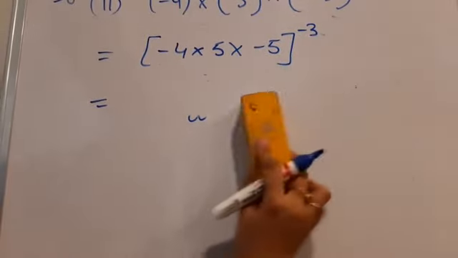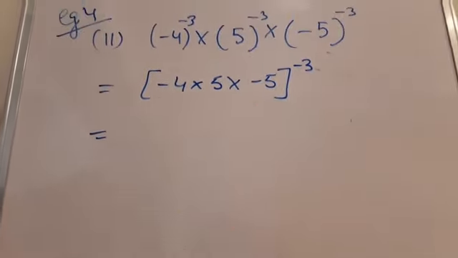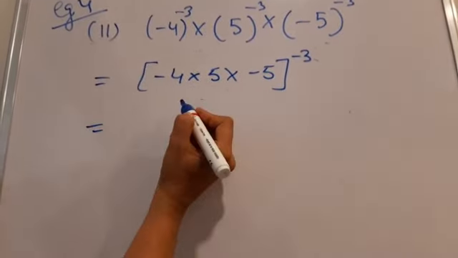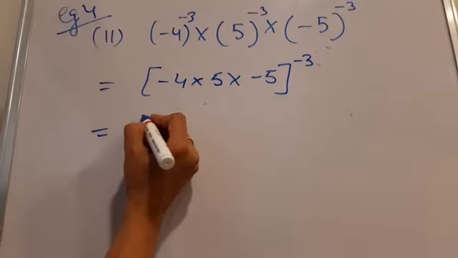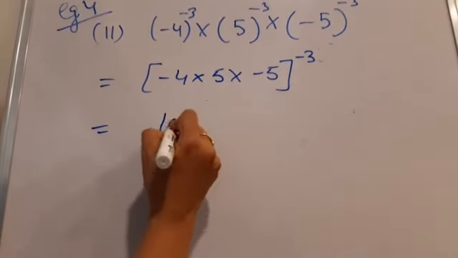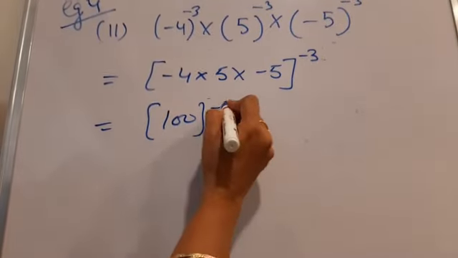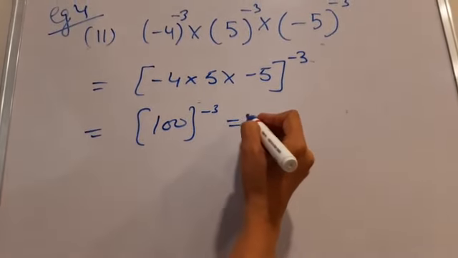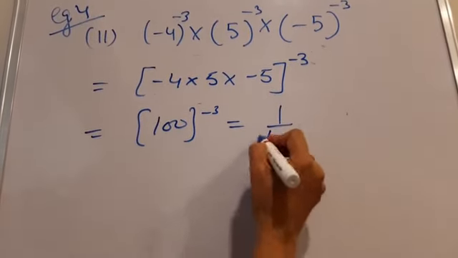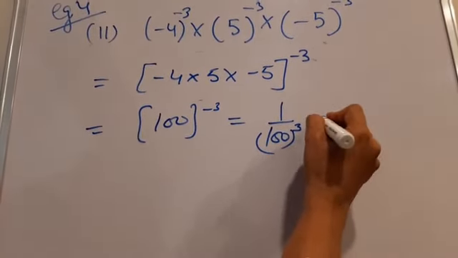So when you multiply, minus and minus will become plus, and 5 fours are 20 and 20 fives are 100, raised to power minus 3, and to make the power positive you will write 1 upon 100 raised to power 3. This is the result.